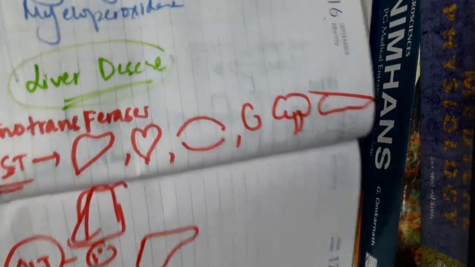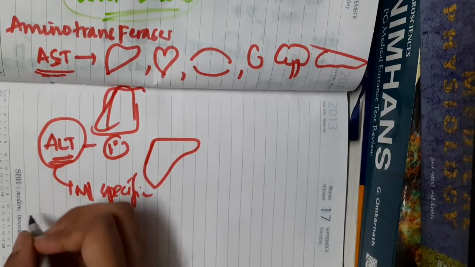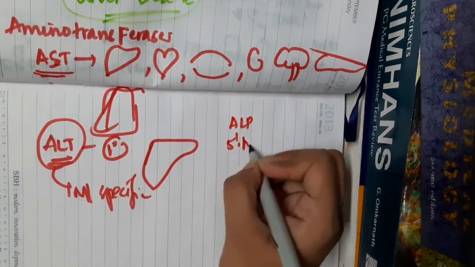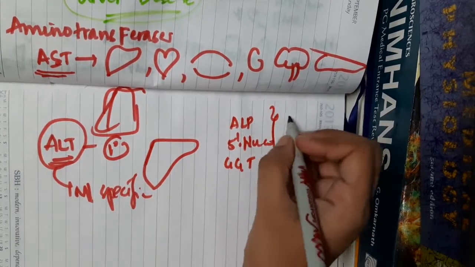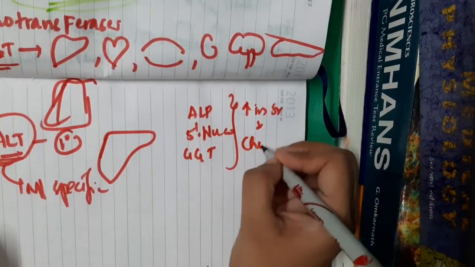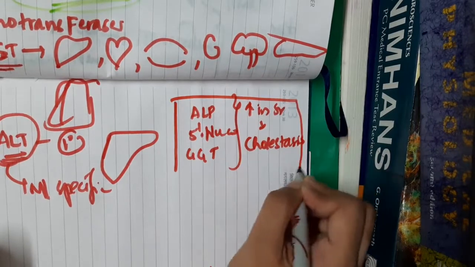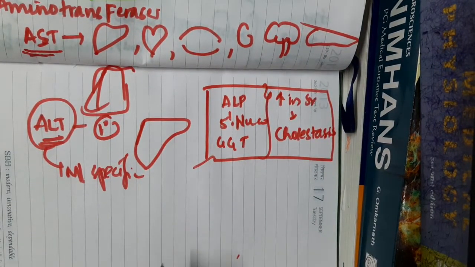Then we have some more important enzymes in liver disease, like ALP, 5-nucleotidase, and GGT. All these are increased in serum in a condition called cholestasis.